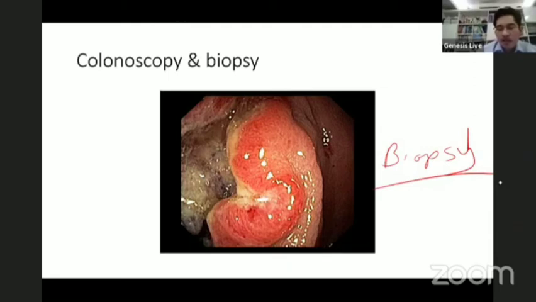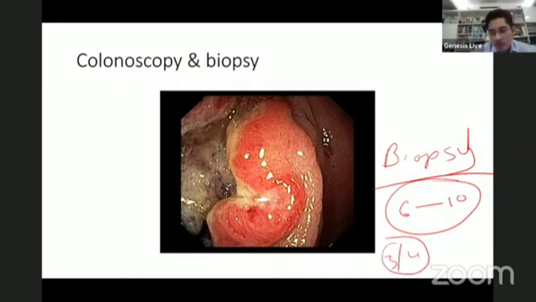Make sure you take an adequate amount of biopsy. I usually prefer to take a minimum of 6 to 10 biopsies. I think this is adequate, because remember that you'd have to do a full colonoscopy in this case. Now, if you take, let's say, 3 or 4 biopsies and you don't get enough tissue, the patient will again have to go through the pain of a colonoscopy.